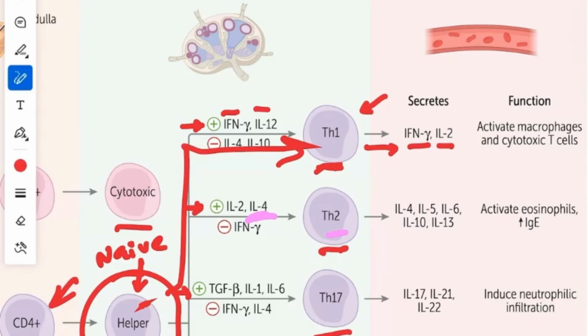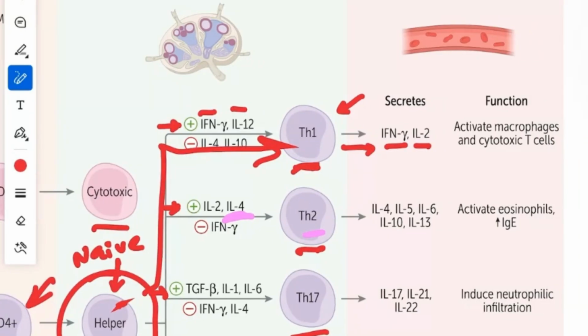It's still a CD4 cell. The cytokines the Th1 will produce will activate a certain group of white blood cells, namely macrophages and cytotoxic T cells.